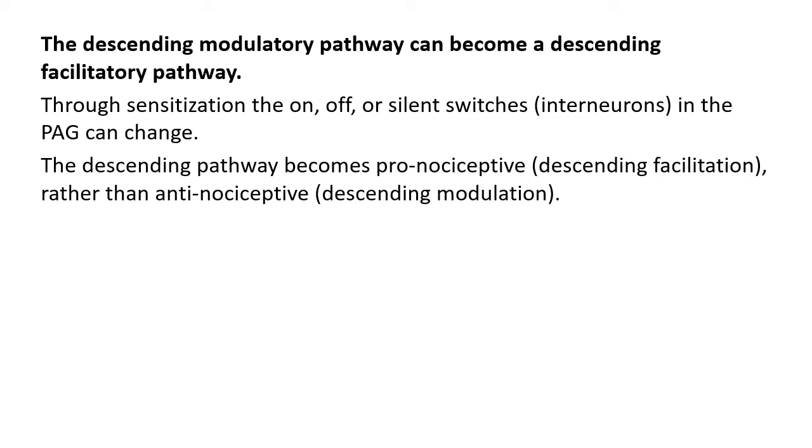However, in persistent pain, there are changes in the way that those interneurons behave, and silent ones can also become activated. The result in chronic pain is descending facilitation rather than modulation, and this increases pain, i.e. the descending pathway becomes pronociceptive.